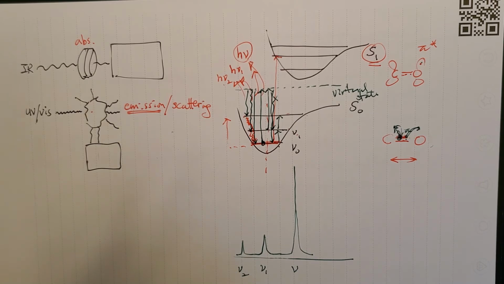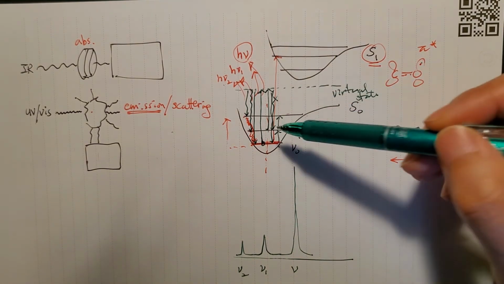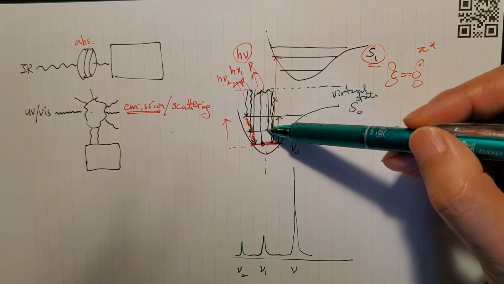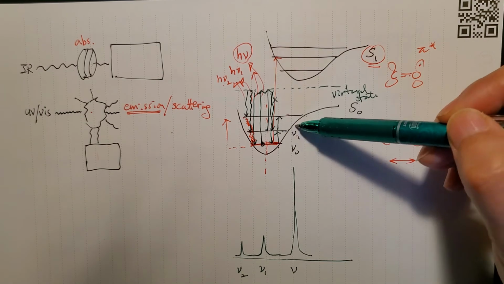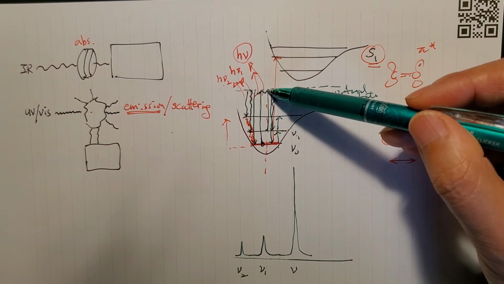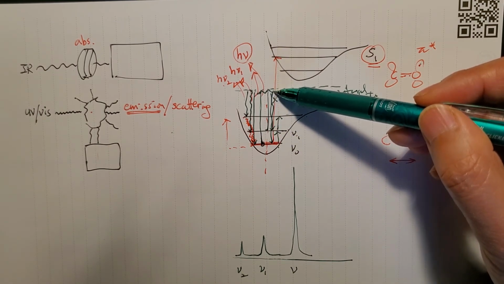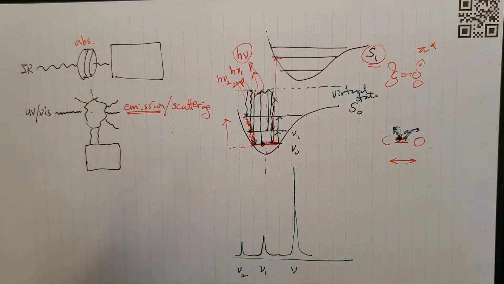But we can also imagine the case over here. It could go up from the second vibronic state, but it can come down to an even lower vibronic state.